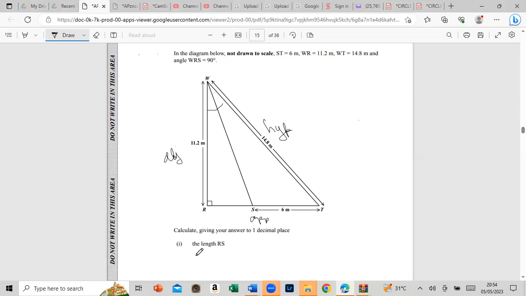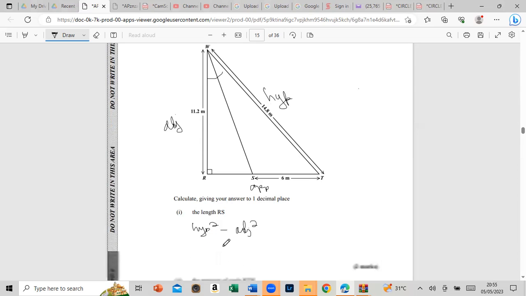So let's go. It's the hypotenuse squared minus the adjacent side squared. Whether it's adjacent or hypotenuse, it doesn't matter. Let's put that in our perspective.